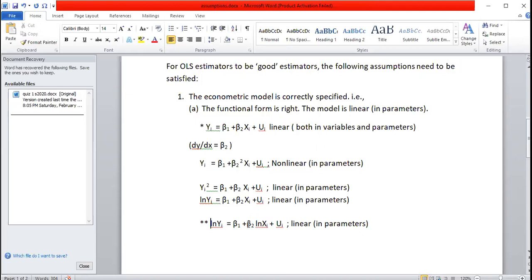Now, if I ask, how do you interpret beta 2 here, versus how do you interpret beta 2 here? Anybody?